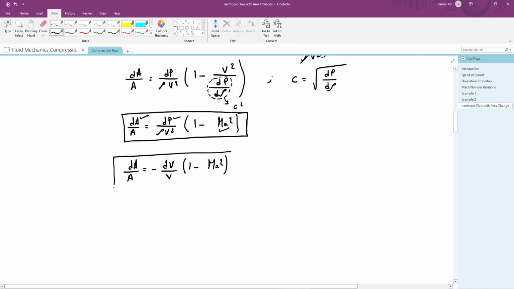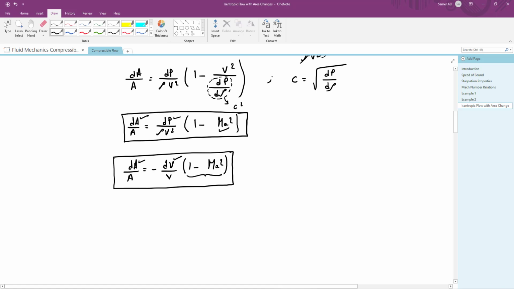So now you will see the effect of the change in the area dA on the change in the velocity dV, and also this is related to the Mach number. And in fact, this term between the two parentheses is a very important term, and the value of the Mach number will affect the relationship between dA and dV.